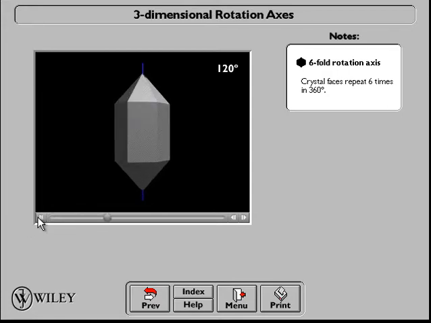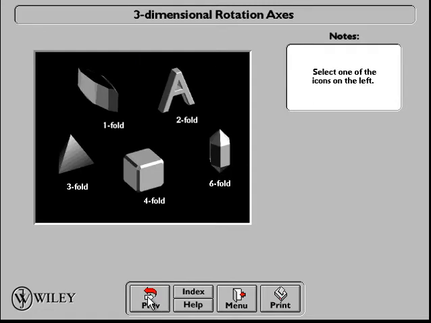First time at 60 degrees, second time, third time at 180, fourth time at 240, fifth time, and then finally the sixth time at 360 degrees. We are dealing then with a 6-fold rotation axis. So that was so far the difference between the 2-dimensional rotation axes and the 3-dimensional rotation axes.